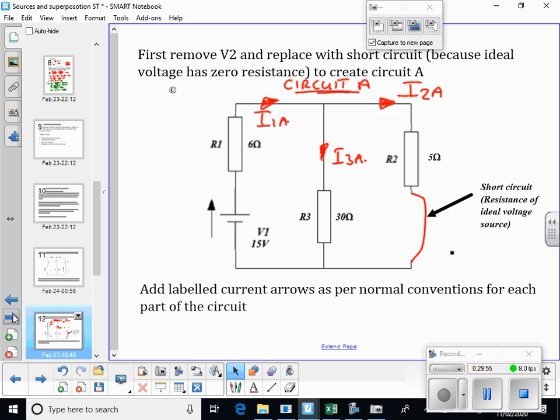If we want to find I1A by Kirchhoff, we need to know I2A and I3A. One current is missing, so that won't work. There are 15 volts of V1 across R1.